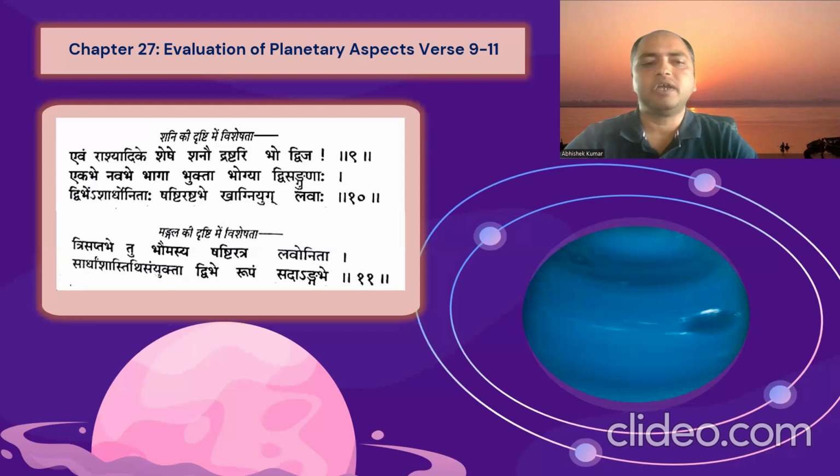Trisaptave tu bhaumasya sastitra lavonita sartha sasti tithi sayukta dvibhe rupam sada angabhe. So Mars: he is saying if the aspectual angle is 90 to 120 degrees or 210 to 240 degrees, then add 15 Virupa in the aspectual angle. Then you will get the value. We are all talking about the aspectual value.